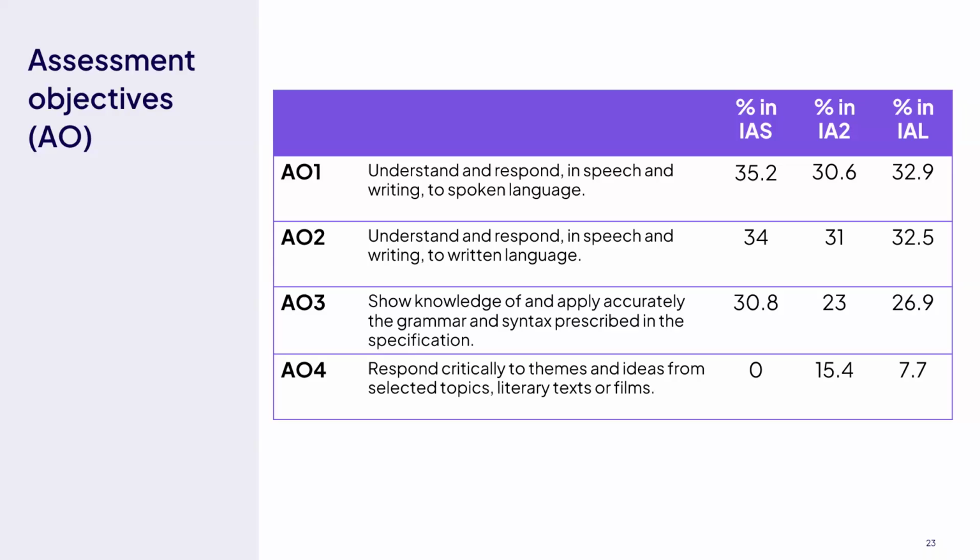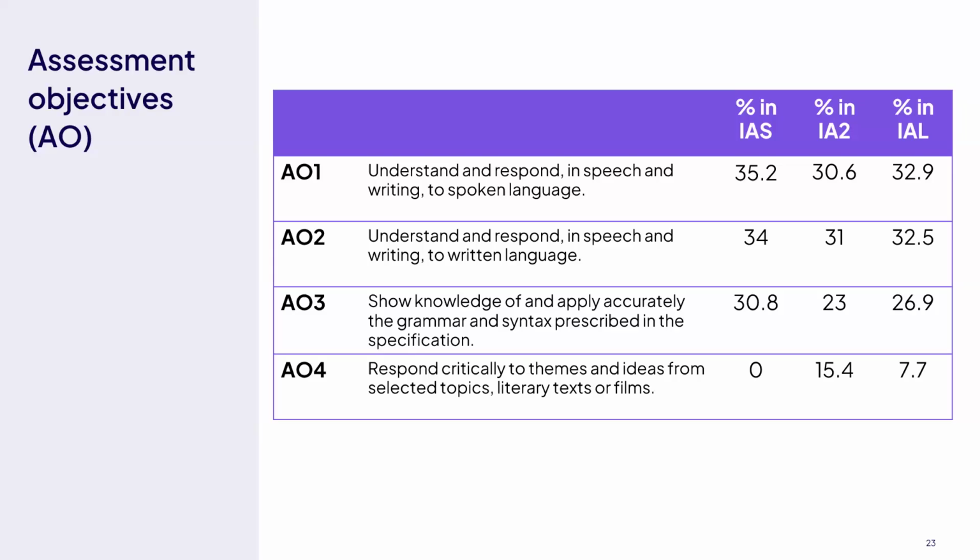If that question is only targeted at AO2, it's a reading comprehension question, they won't lose marks for misspelling or slight grammatical mistakes in their answer, because if it's only targeted at AO2 and there aren't any marks for AO3, we don't have any reason to withhold marks for misspelling or anything.